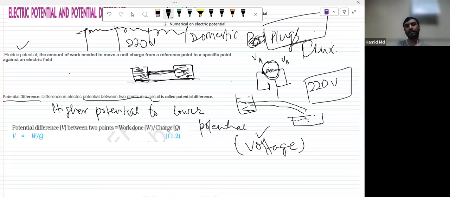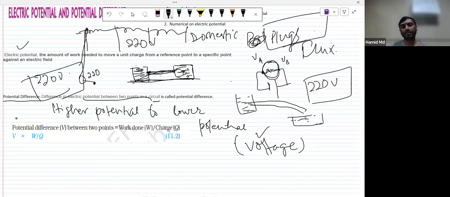It means that if you are dragging a wire to your home and you earth it, you will get a potential difference between them of 220 volt, and appliances rated 220 volts will work well.